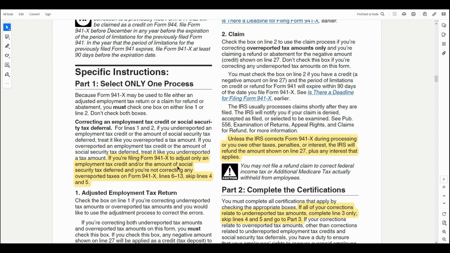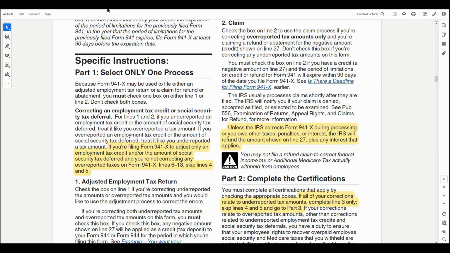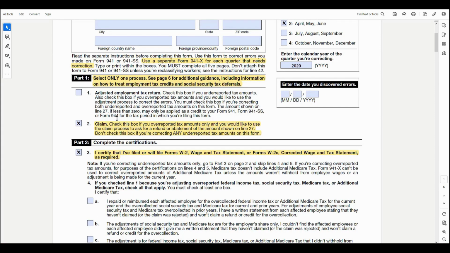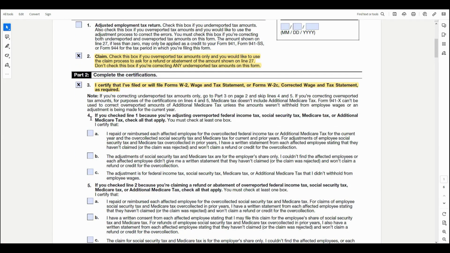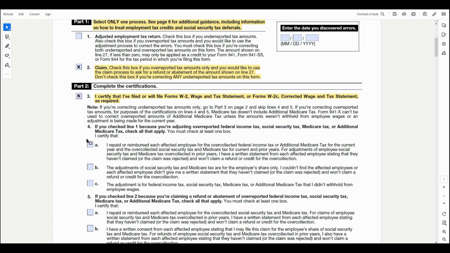And or the amount of Social Security tax deferred, and you're not correcting any over-reported taxes on Form 941X, lines 6 through 13, skip lines 4 and 5, okay? So what that instruction means to me is that when we go here, we're gonna skip these parts here, these sections. So 4 and 5, we're going to skip those. Okay.